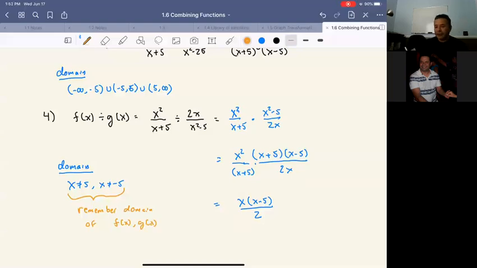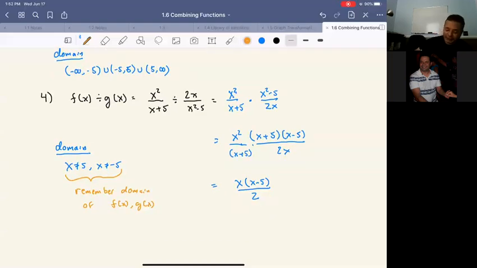But also, we have to throw out x equals 0. And why is that? Because g of x is not allowed to equal 0 either. The denominator is not allowed to equal 0. So if you had x equaling 0, that would make this term 0. Also, you might notice that you had the 0 down there. Even though you canceled it, it still kind of has to hang around.